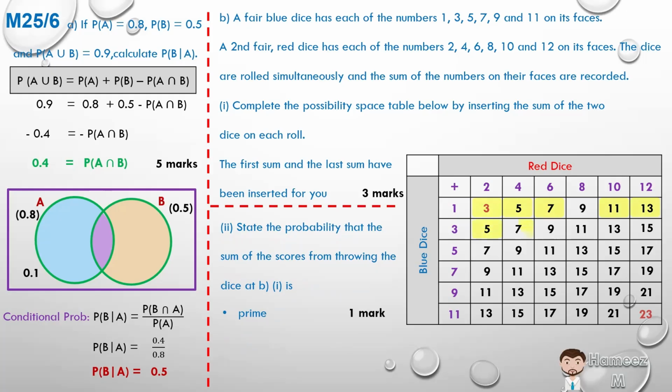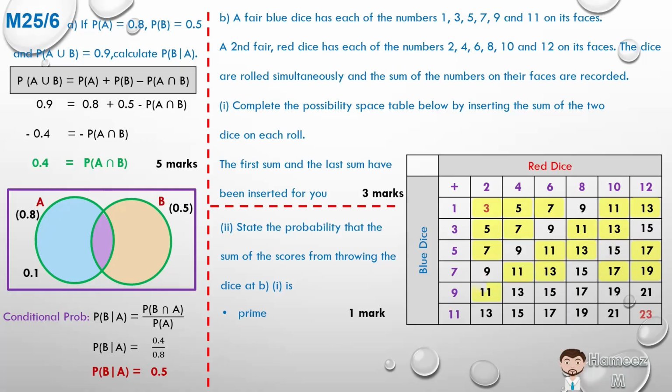Next row, 5, 7, 11, 13. Next row, 7, 11, 13, not 15, 17. So the next row, we have 11, 13, 17, 19.